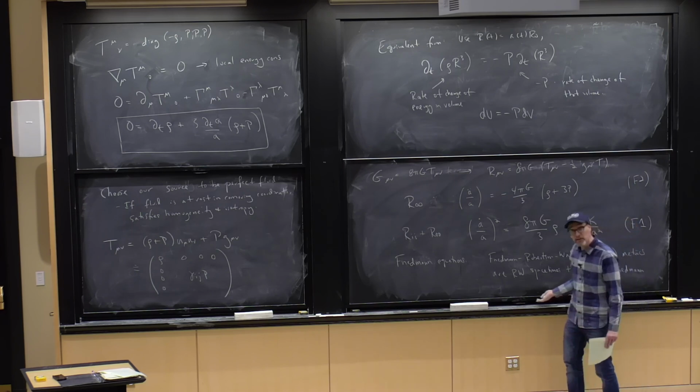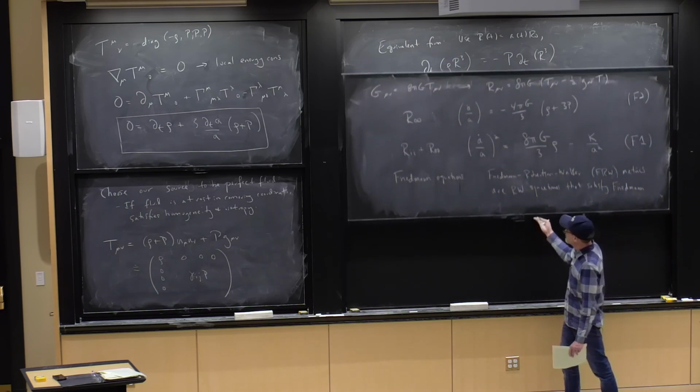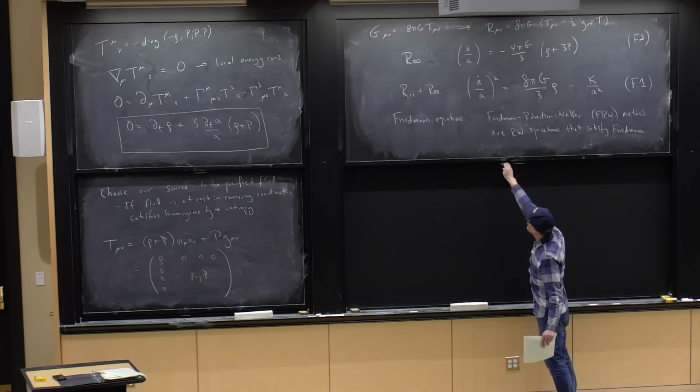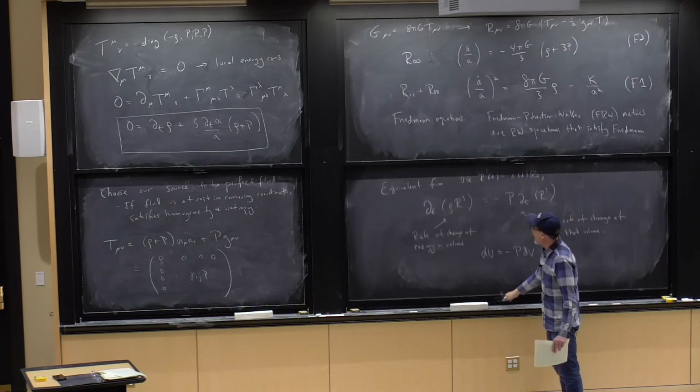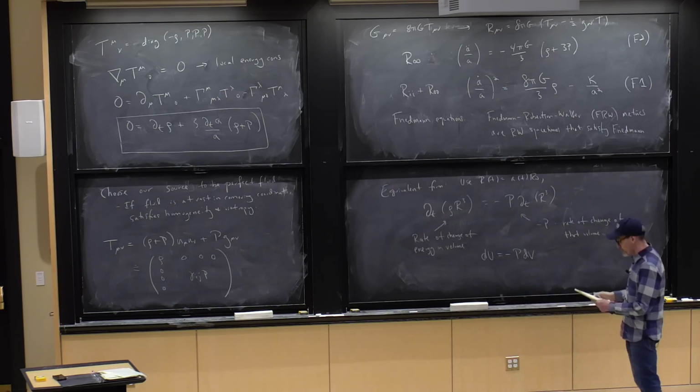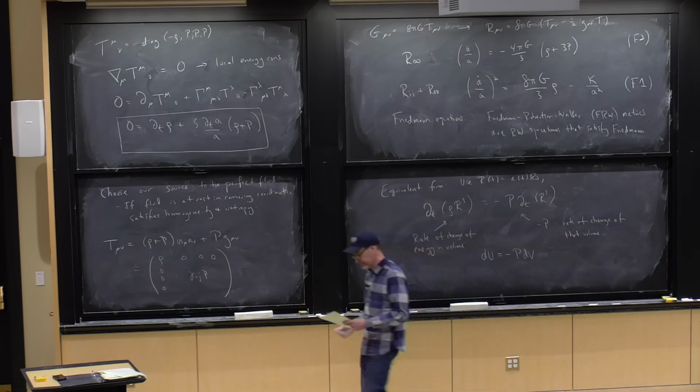So just a little bit of nomenclature. Robertson Walker tells you about the geometry. You then equate these guys to a source, and that gives you Friedmann, Robertson, Walker line elements.